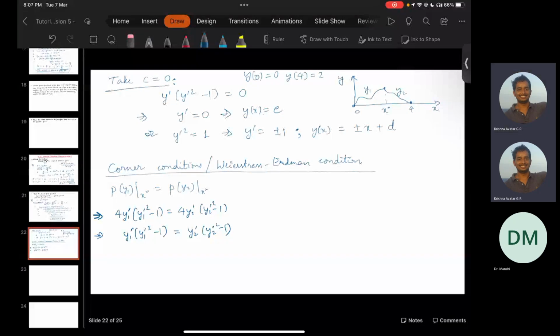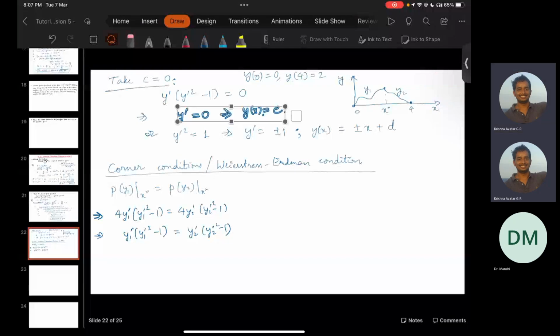And y2 is also of this form, as y prime is equal to 0, such that y2 of x is equal to e, then it has to satisfy this endpoint. So essentially there is a mismatch: from 0 to x star this is 0, and from the other side it is 2. So there is a discontinuity in the solution.